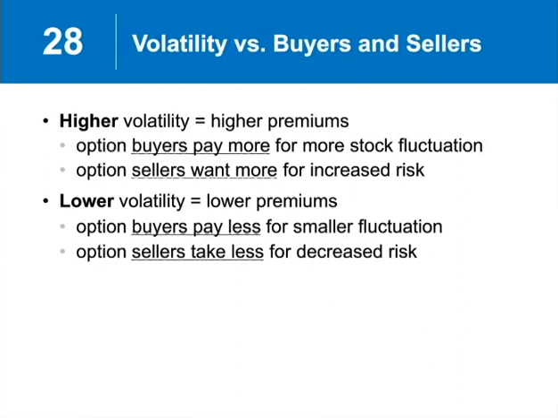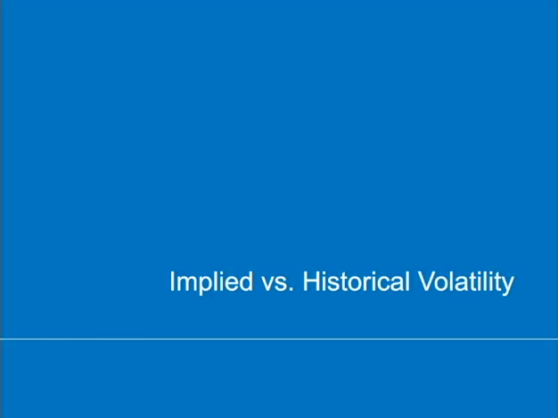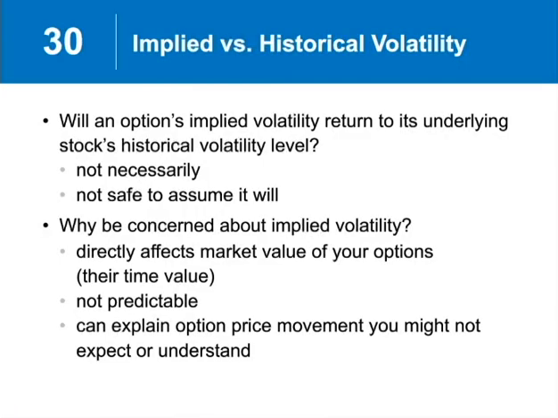And conversely, the buyers, of course, have to turn around and pay more. And the opposite, of course, is true with lower premiums. Buyers are going to pay less because there's less fluctuation in the underlying, and so, of course, sellers take less. So just a quick comparison with a couple slides before we get into some of these using implied examples.